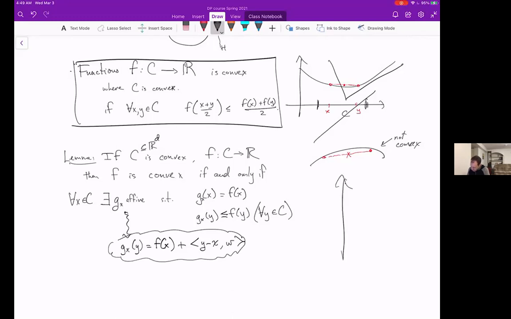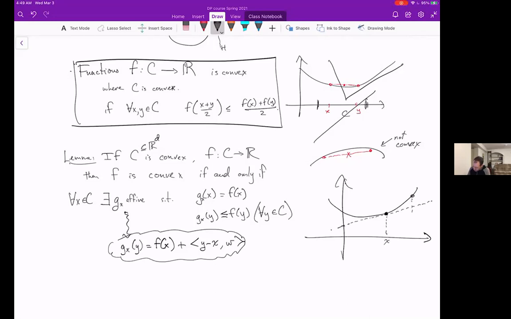The picture you should have in mind is that at any point on the function, if the function is convex, I can find a tangent line, a tangent function that's affine, so it's like a linear function plus an offset, and that touches the function at that value x.